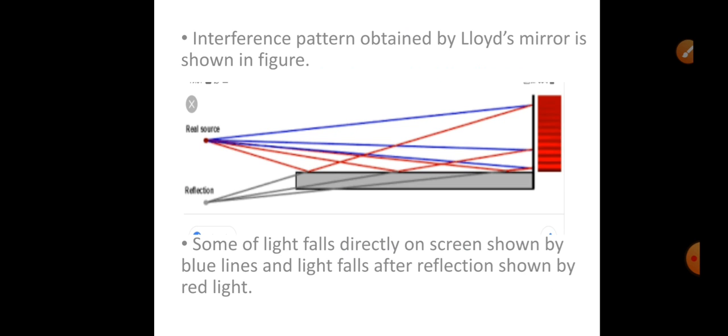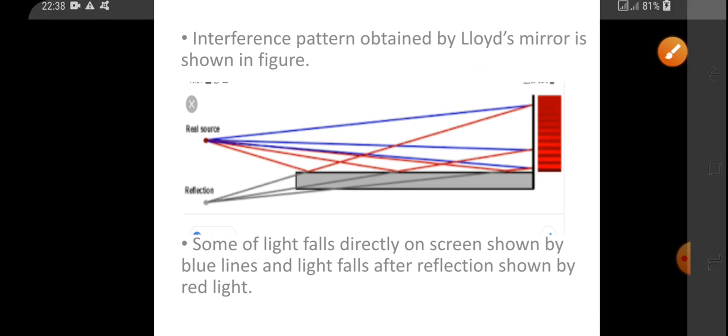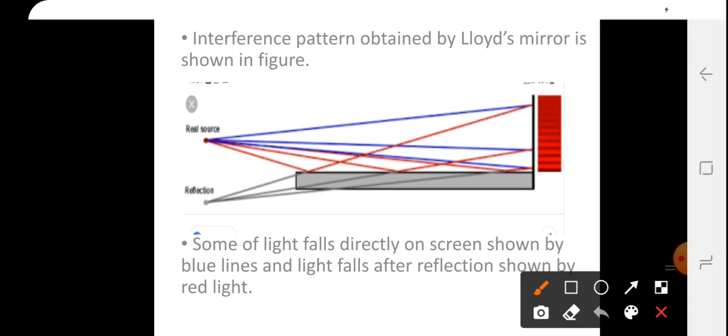The Lloyd mirror can be seen like this. Here in the figure, we can see the Lloyd mirror, the screen, and the real source of light, which travels and is incident on a plane mirror.